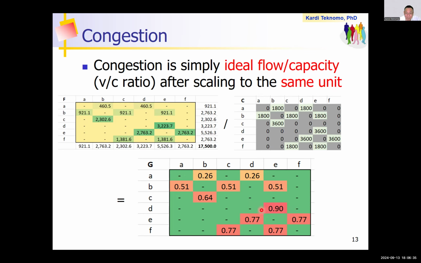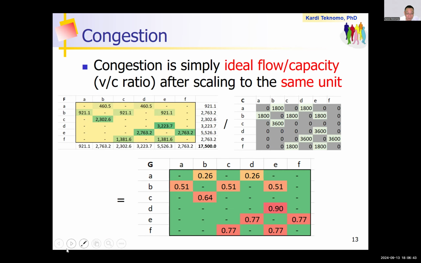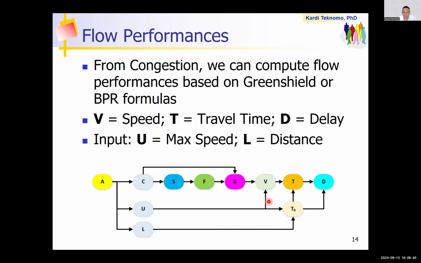Okay. So after that, once you get the congestion, it is easy. You can calculate the speed, the travel time, and the delay. So A here is the adjacency matrix, which is the network.